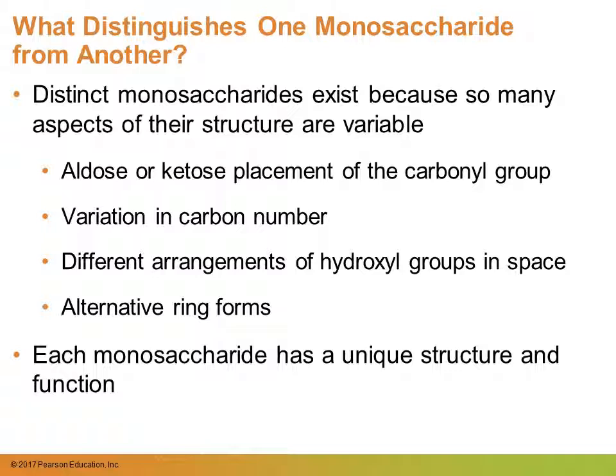Is it a triose, a pentose, a hexose? And the different arrangement of the hydroxyl groups is the third way, hydroxyl representing the OH groups. And lastly, is it a linear form or does it form a ring? So all of these give clues to the different types of monosaccharides that exist.